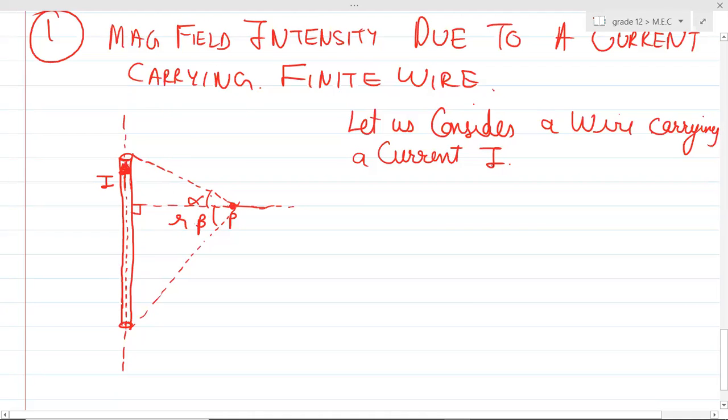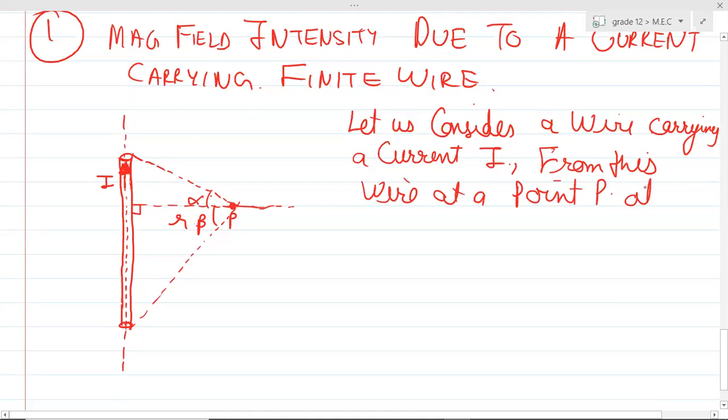Let us consider a wire carrying a current I, at a point P at a perpendicular distance.